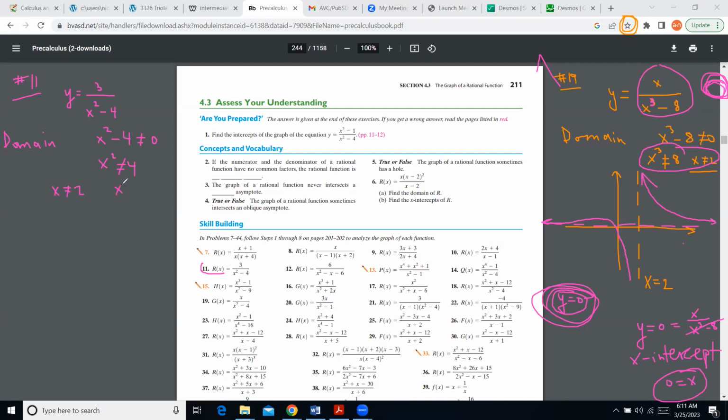which means that x cannot be 2 or x cannot be negative 2. Notice that negative 2 squared is also 4, right? And that's why I can see there are 2 vertical asymptotes that have equations x equal to minus 2, and the other one has equation x equal to plus 2.